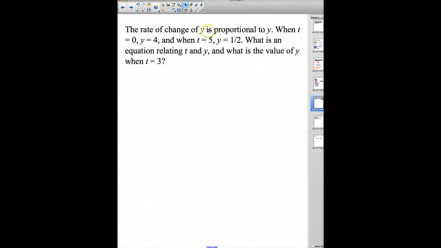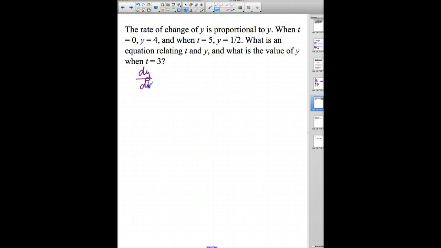All right? So here's an example. The rate of change of y is proportional to y. Then when t equals 0, y equals 4. And when t equals 5, y equals 1/2. So they're giving us 2 points that are on the graph of whatever this rate of change of y is proportional to y is. Well, we know that the rate of change of y is proportional to y translates to this.